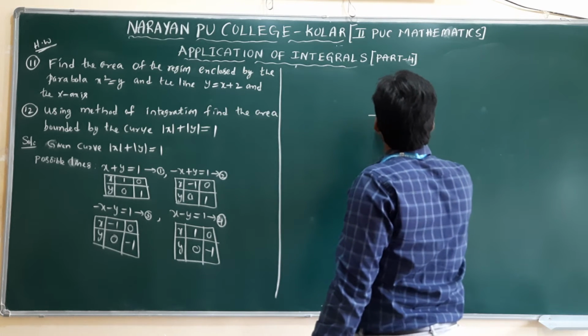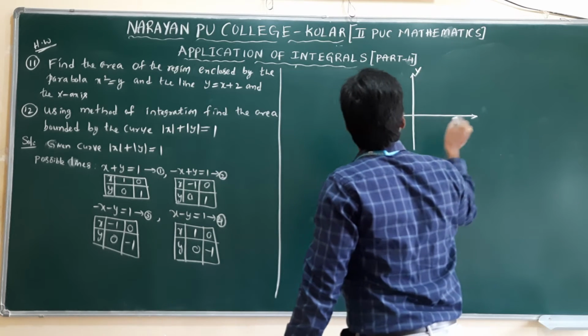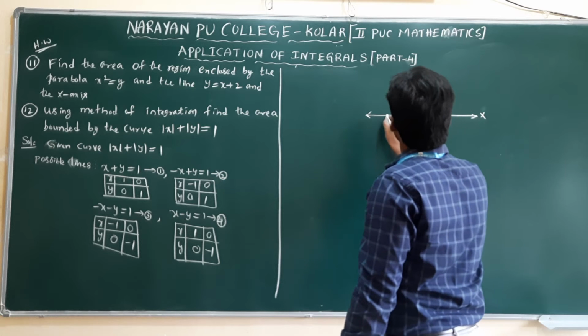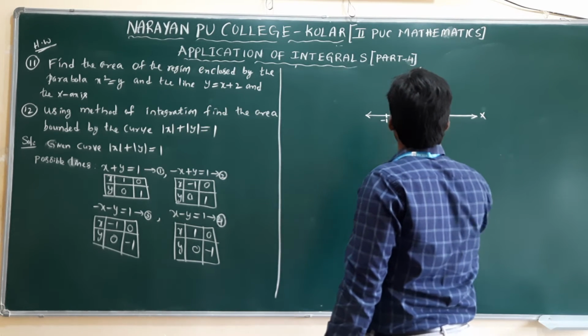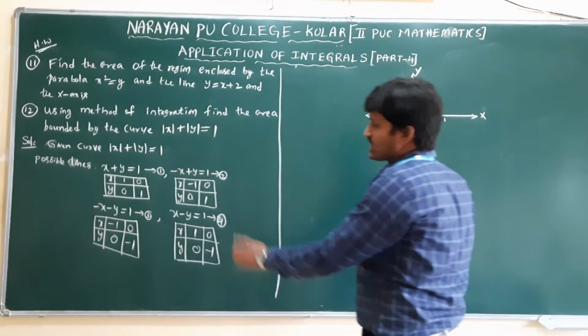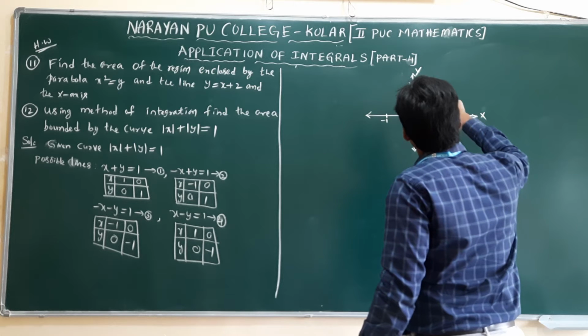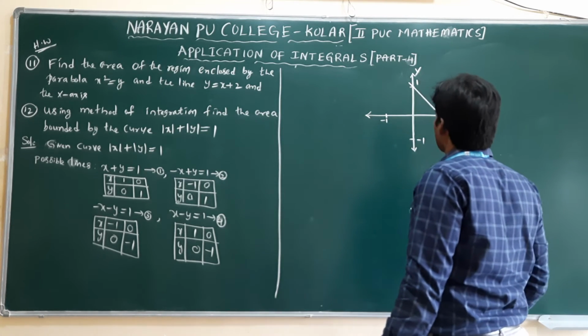Take the coordinate axis, with 1, minus 1 on each axis. The first line passes through 1 comma 0 and 0 comma 1. This is the point. This is equation 1.